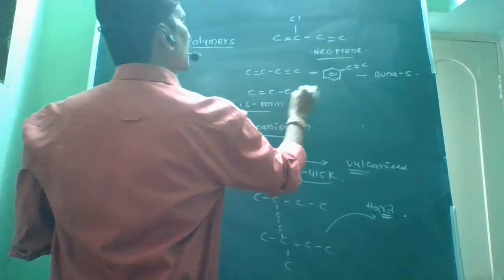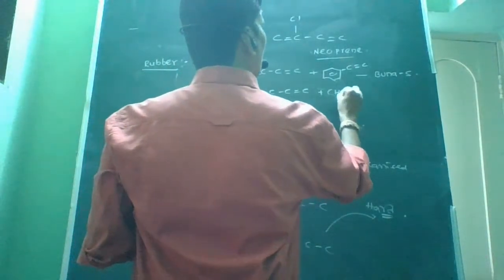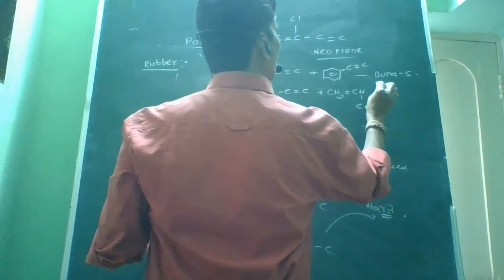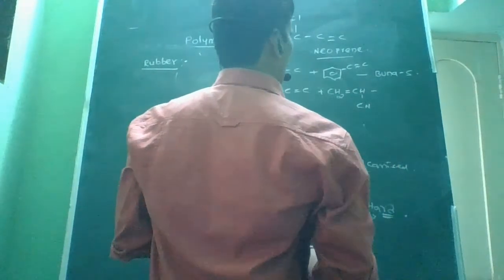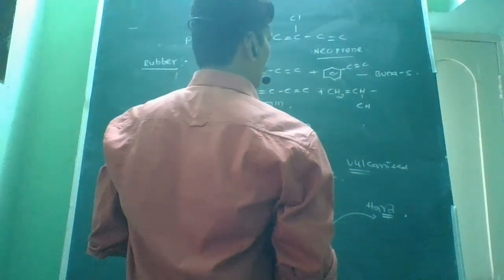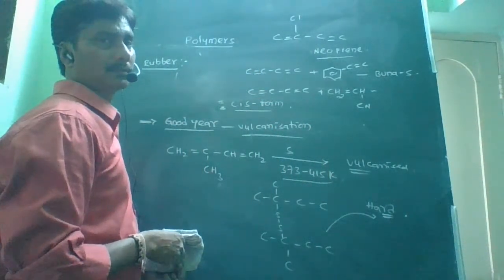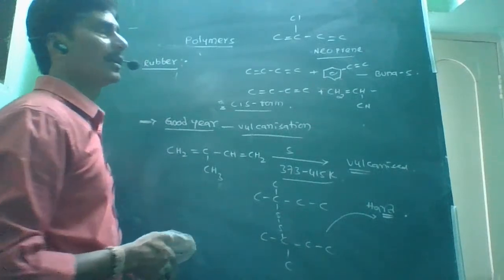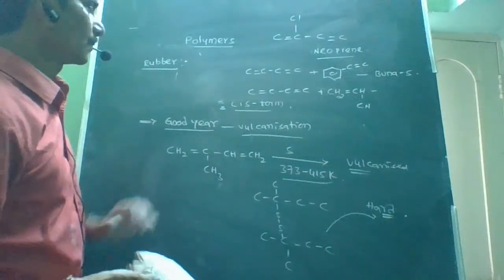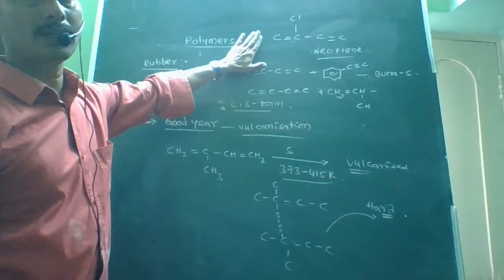If this 1,3-butadiene is combined with vinyl cyanide, it is called Buna-N. Natural rubber, synthetic rubbers.